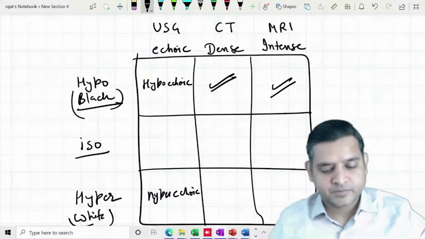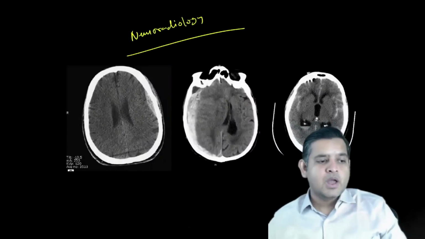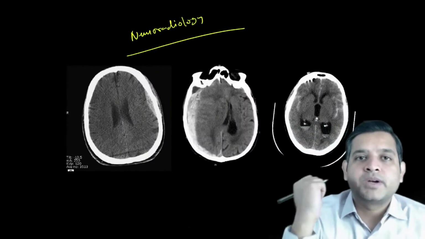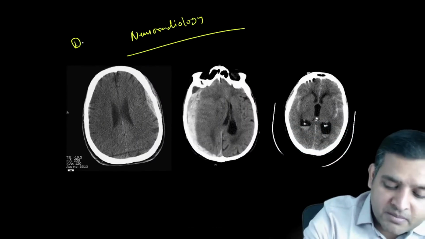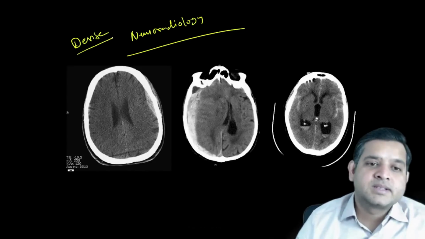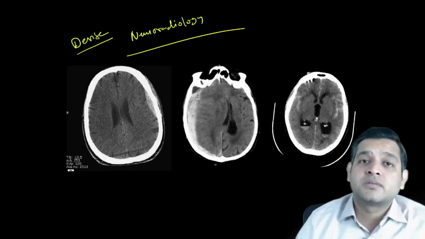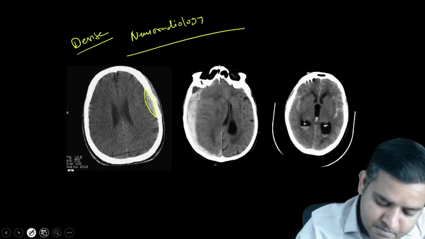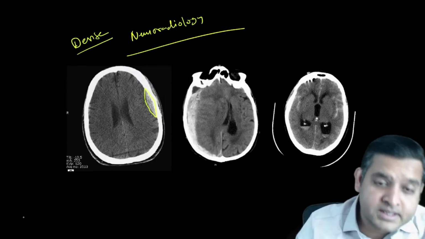Okay, all right. So now let us see this. There are 3 CT scans for you over here. Please remember, the moment you see a CT scan, the terminology that will be here is dense. Dense means CT scan. And you could see a biconvex hyperdense collection.